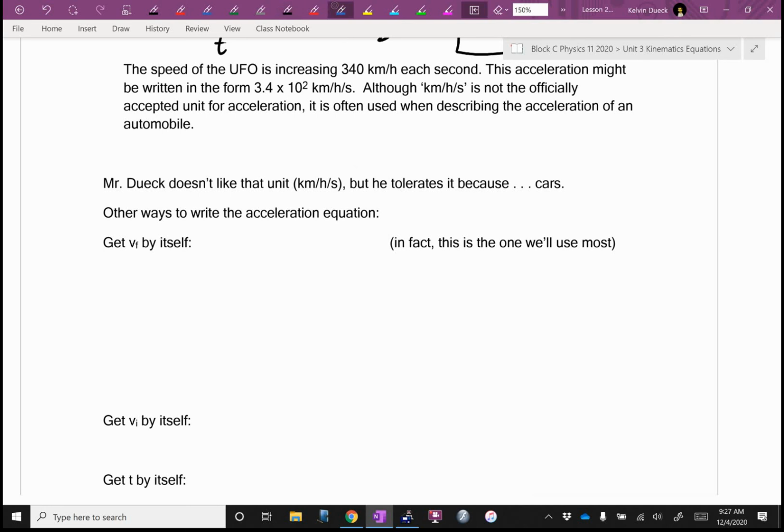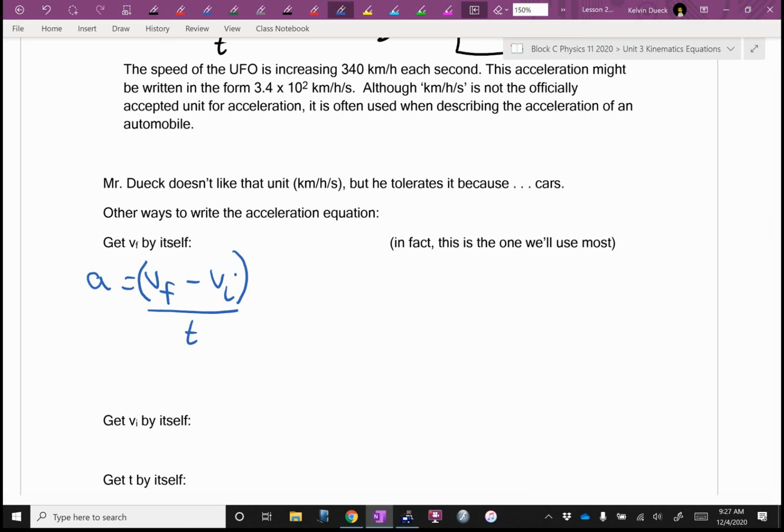So the original equation is this, A equals VF minus VI over T. Look up, please, for a second. Technically, there are brackets there. We don't need to handwrite them, but we do need to type them on our calculator. So I'm going to put the brackets there, and I'm going to tell you the rule for formula manipulation is simple.